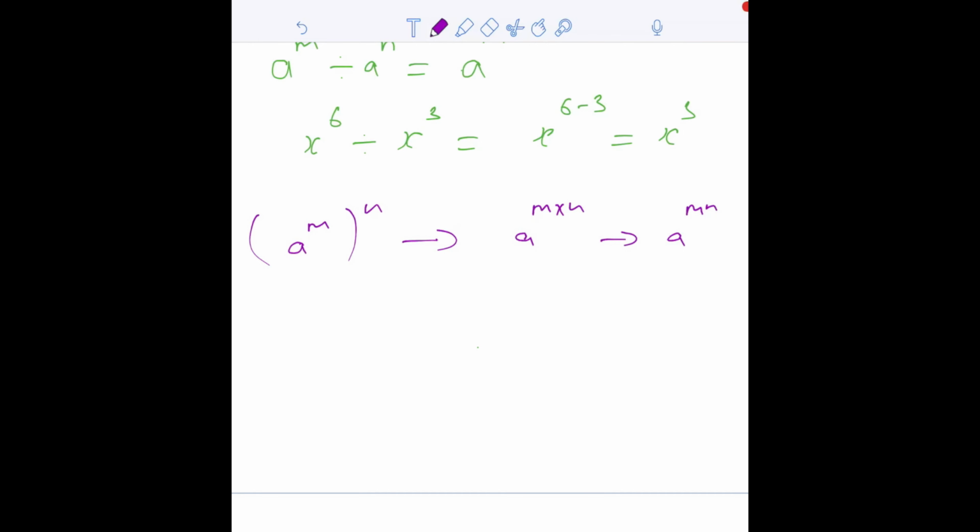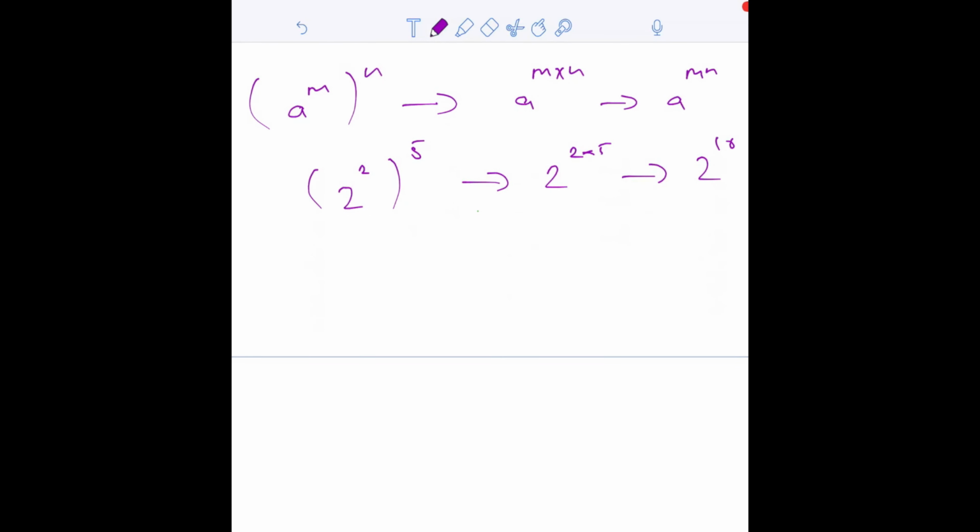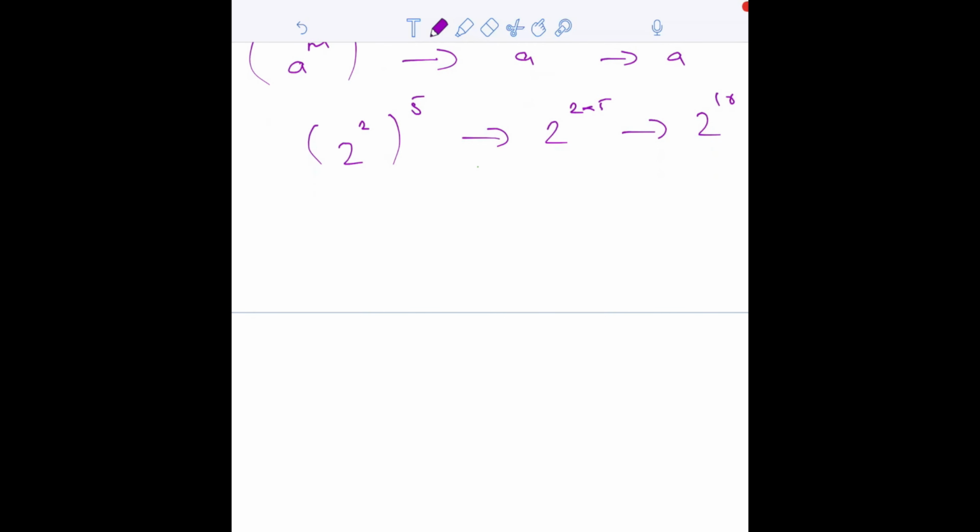For example, let's say you have 2 to the power of 2 in brackets to the power of 5. So this will give you 2 to the power 2 multiplied with 5. This gives you 2 to the power of 10. And you can check with the calculator as well, you will get the same answer for 2 to the power 2 and then the whole bracket to the power of 5. You'll get the same answer as 2 to the power of 10.